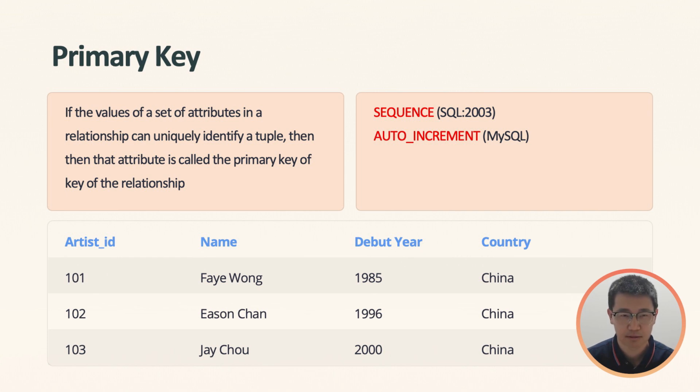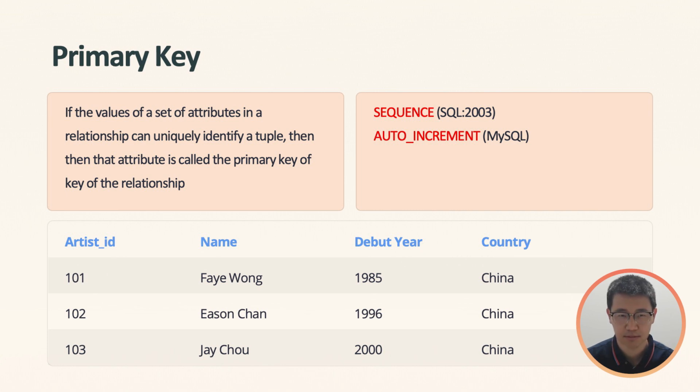Generally, identifiers are used as primary keys because common attributes like names can have duplicates. For example, there could be multiple people named Zhang Liang, or historical figures and current individuals sharing the same name, making it difficult to distinguish between them without a unique identifier.